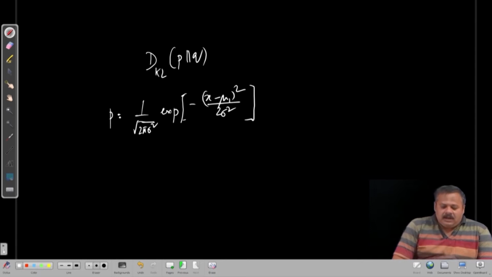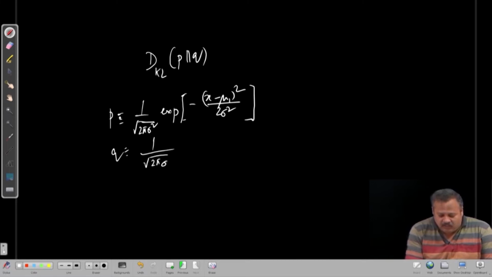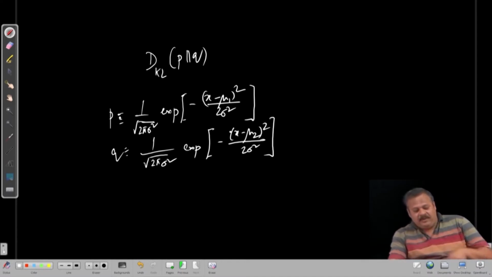So we have a continuous distribution, and Q is basically the same thing, only our mu 1 is replaced by mu 2. So these are the two distributions that are being discriminated.